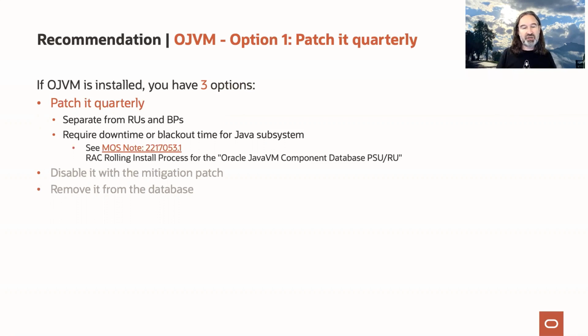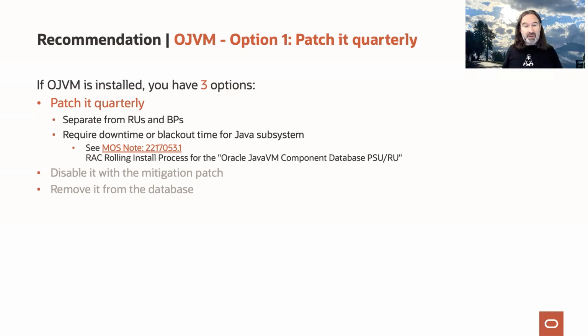Most Java applications don't use OJVM, even though OJVM would give a lot of performance benefit because the sources are then compiled inside the database. And tests from external people have shown that this is much faster than running an external Java application against the database. Still, I would say more than 90% of Java applications don't use OJVM.